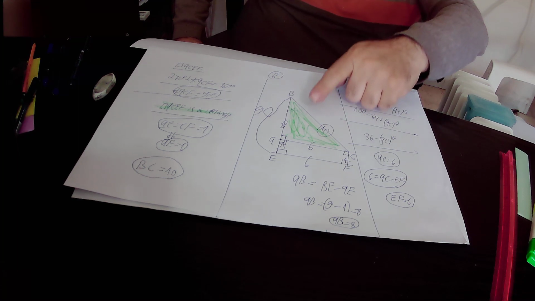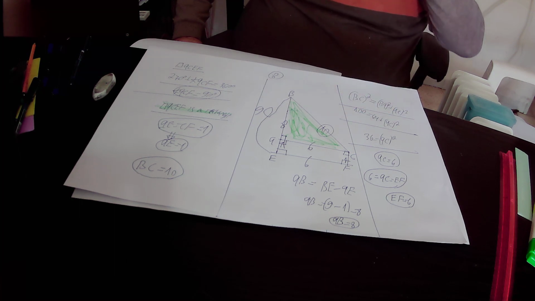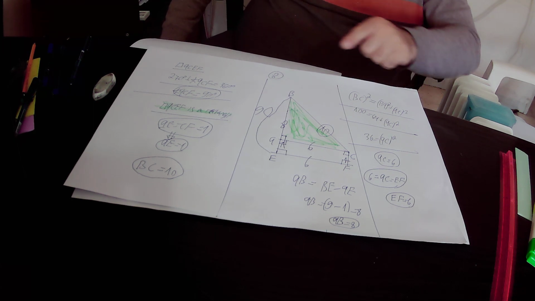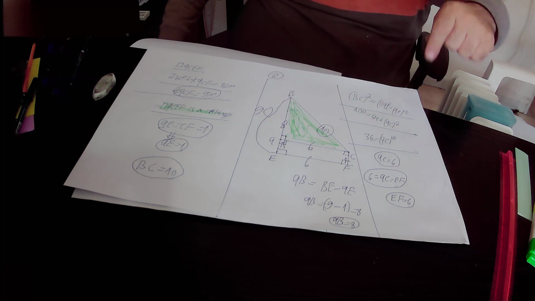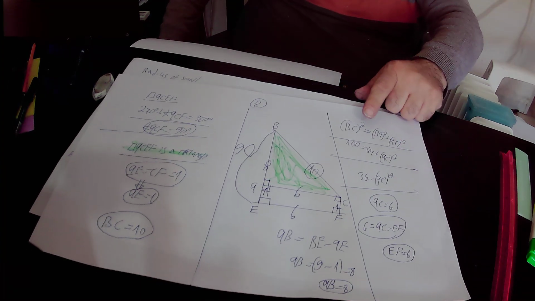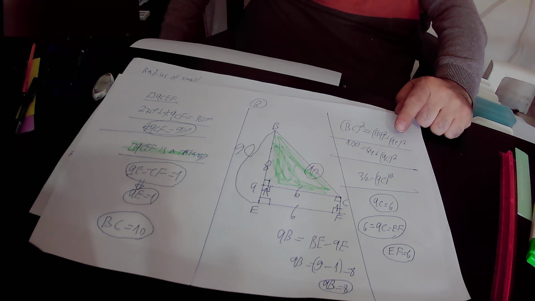So we can implement the Pythagoras theorem on the right green triangle, triangle QBC. According to the Pythagoras theorem, BC square equals BQ square plus QC square. BC equals 10, so BC square is 10 square, which is 100. BQ is 8, so BQ square is 8 square, which is 64.